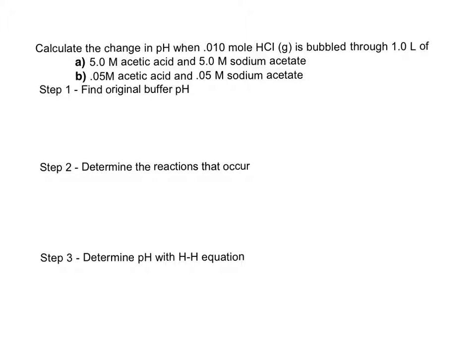So my sodium acetate is NaCH3COO. That fully dissociates into Na plus and the acetate ion. And then I have my acetic acid, CH3COOH. That dissociates partially to give H plus and the acetate.